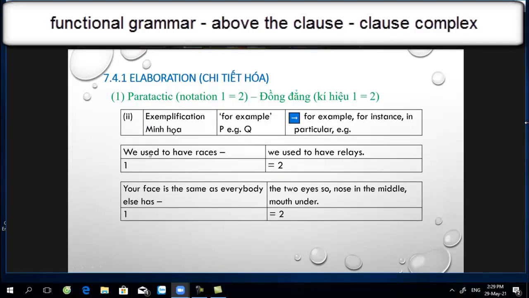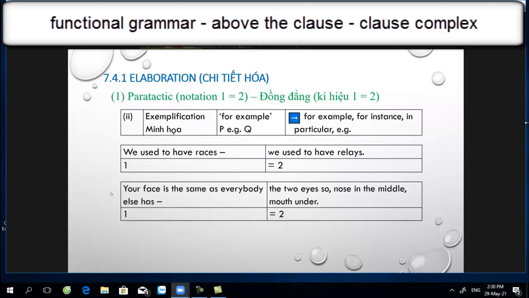So both of them are main clauses, and they have a paratactic relationship, and we mark the first clause number 1 and the second clause number 2. Okay. Number 2: "Your face is the same as everybody else has. The 2 eyes, the nose in the middle, the mouth under." Okay, and as you can see, the second clause gives more exemplification for the first clause.